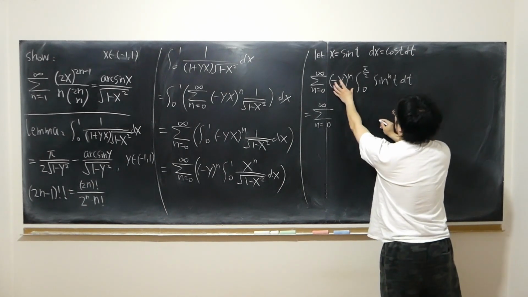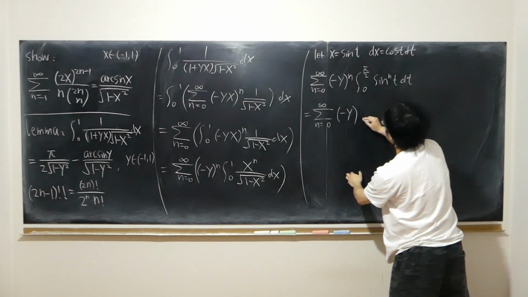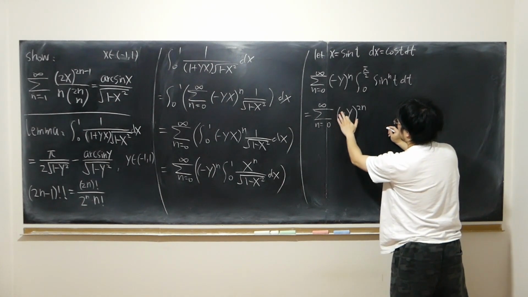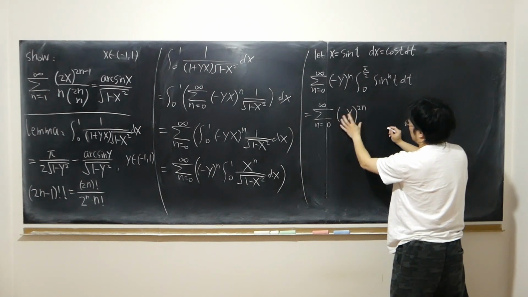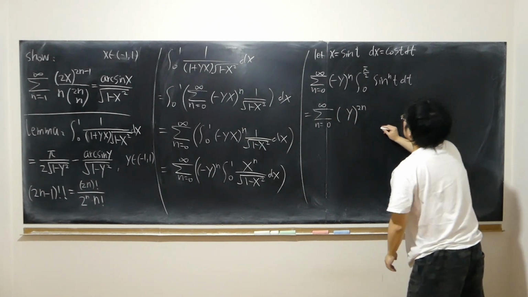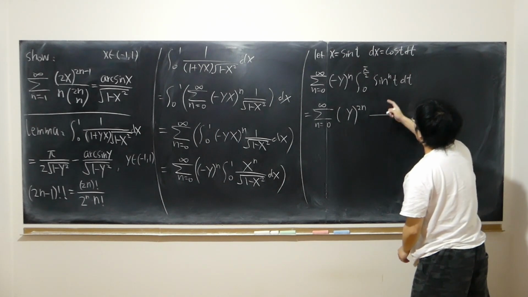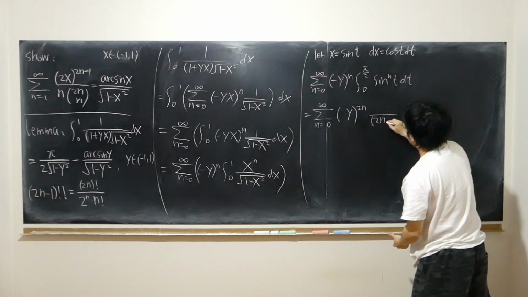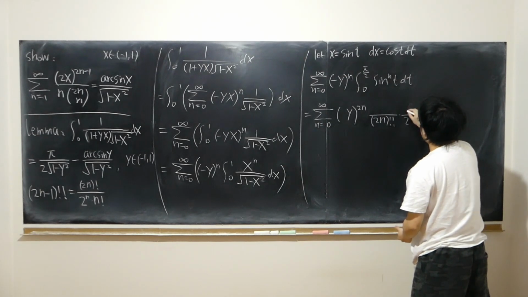So when the power becomes 2n, I copy down negative y to the power 2n. But I don't need the negative, because it's already an even power, so it's positive. According to the Wallis formula, if the power is 2n, I have 2n double factorial at the bottom, times half pi.